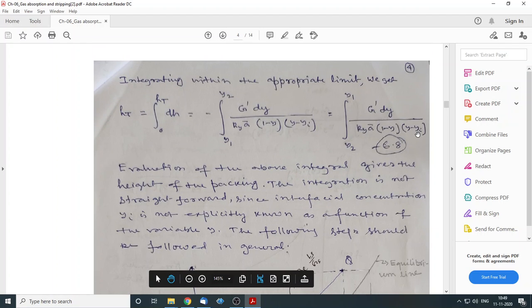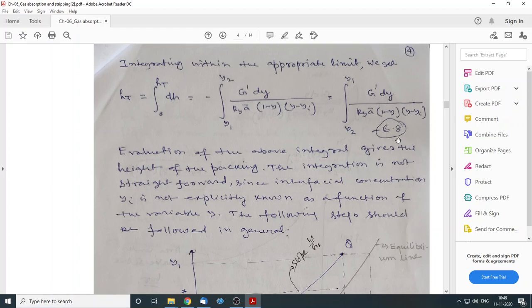So yi is not a constant, it is a variable changing with y. That means you have to integrate it numerically. That is why evaluation of the above integral gives the height of the packing.